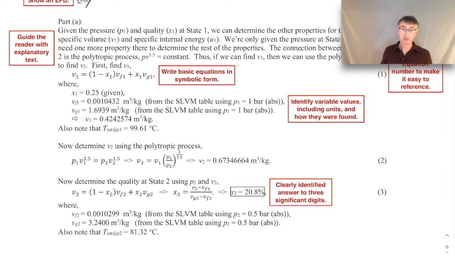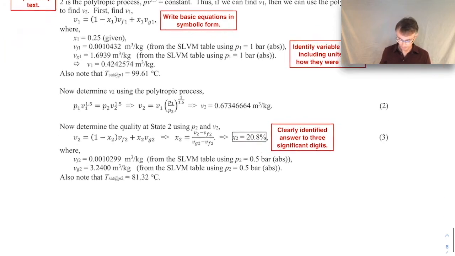It's okay to put more significant digits throughout your calculations. You can see up here, for example, the vf1 value comes from a table and it has many significant digits. What is it? 5 significant digits here, right? 1, 2, 3, 4, 5. It's fine to keep carrying along more significant digits earlier in the calculations, but for your final answer, keep it to 3. Okay, so anyway, the main thing in the communication part is I've boxed it in and I used a reasonable number of significant digits.